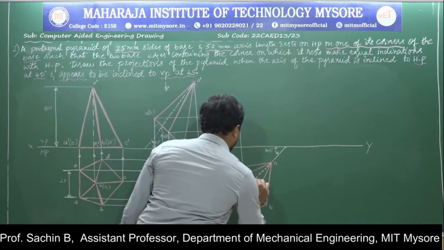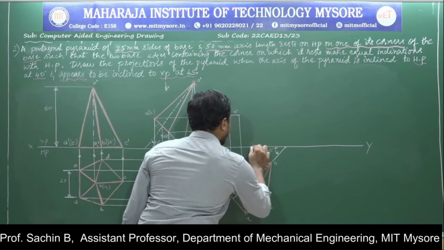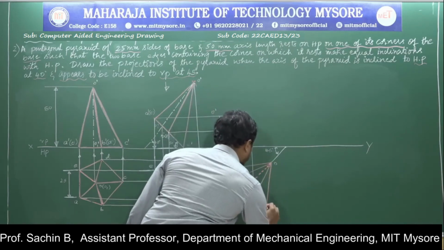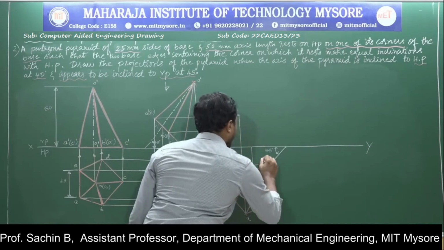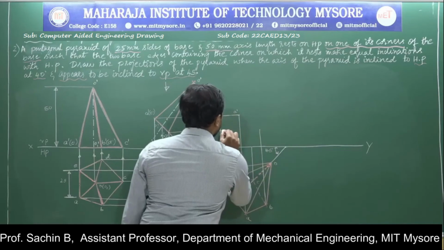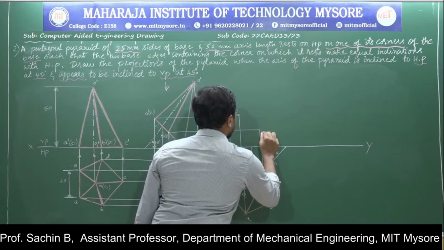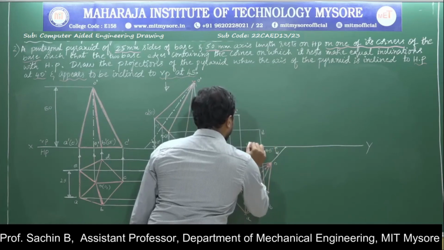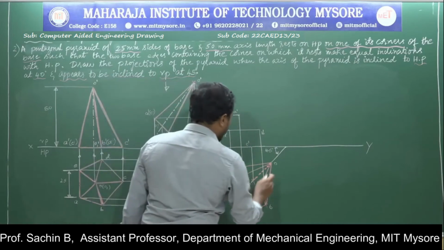Next I will come to C point, this is the resting edge. Again I will come to B point. I am extending the same projection line from D dash to B dash. Now this is C dash. Okay, now I have drawn the projection line for the corners.